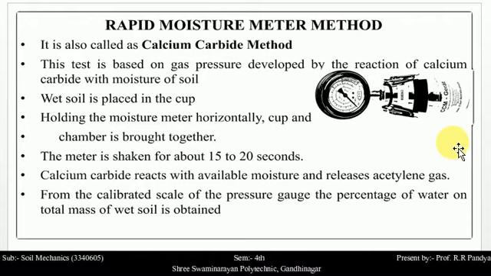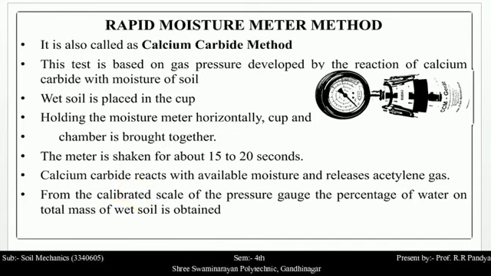Now, what happens in this pressure meter is that the calcium carbide reacts with the available moisture in the soil, and due to that reaction it releases acetylene gas, which makes the pressure gauge react.